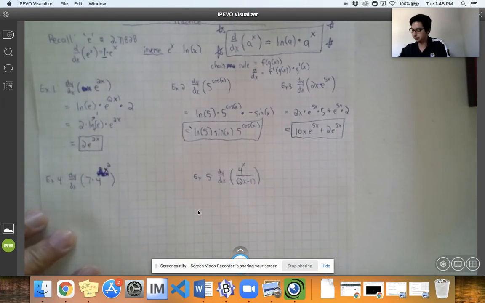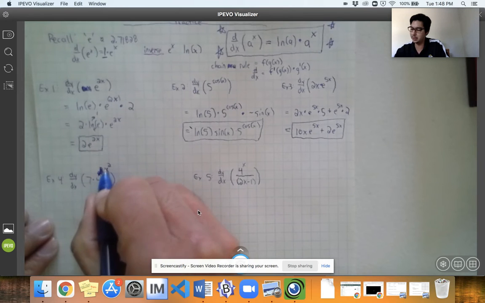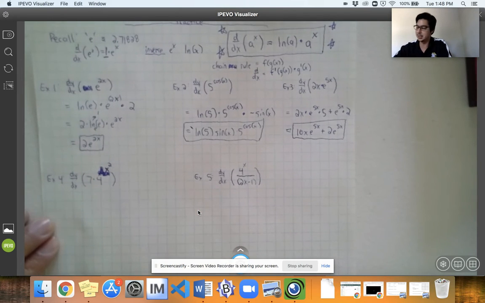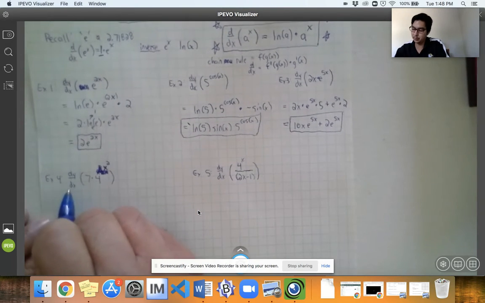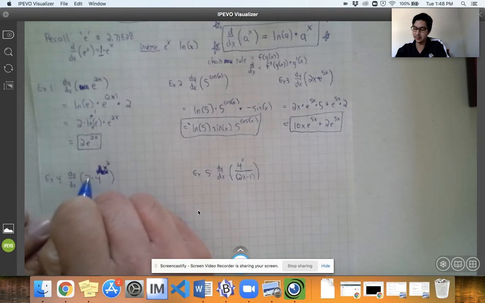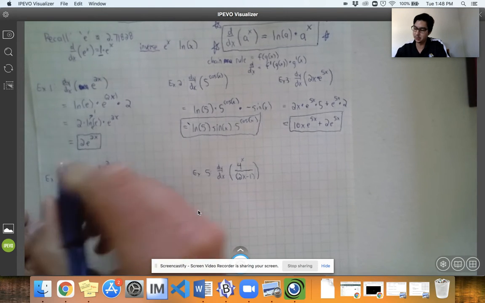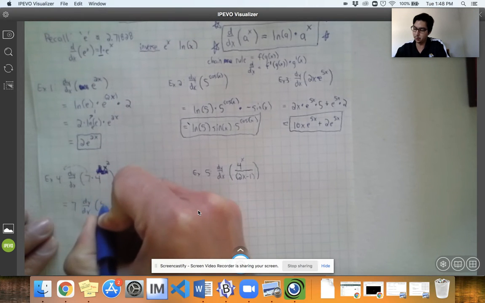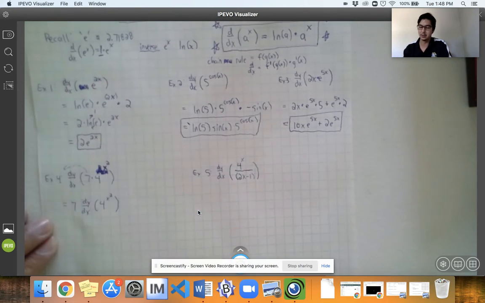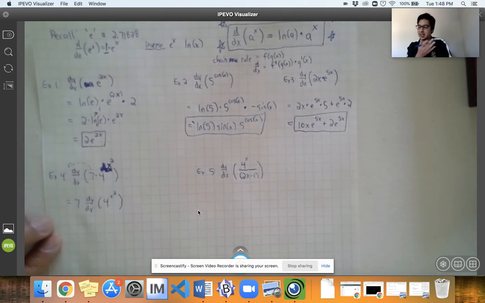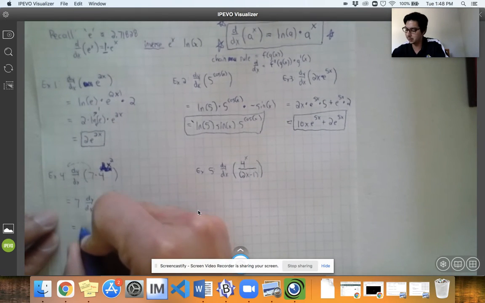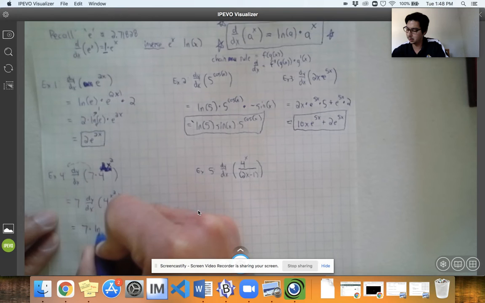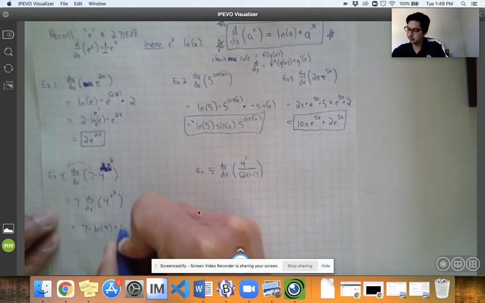Example 4, we have 7 times 4 to the x squared. I made some mistakes when writing this out. Now remember with derivatives, I put this example here because constants in front we can pull out in front. So this is actually equivalent to saying 7 times the derivative of 4 to the x squared. You can keep the 7 there if you want, but sometimes it's nice to pull that out. So then we'll have here 7 times natural log of 4 times 4 to the x squared.